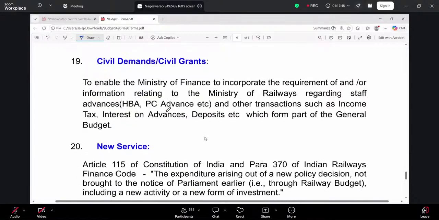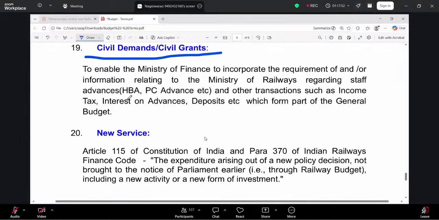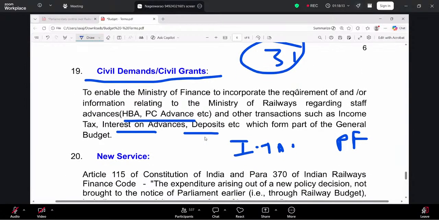Then coming to civil grants. Civil grants is nothing but other than railway: HBA, PC advance, interest on advance, deposits, income tax, and PF, Provident Fund. These are all, I think, demand number 31, not our 85 demand number.